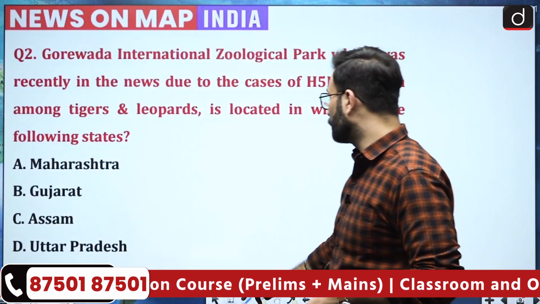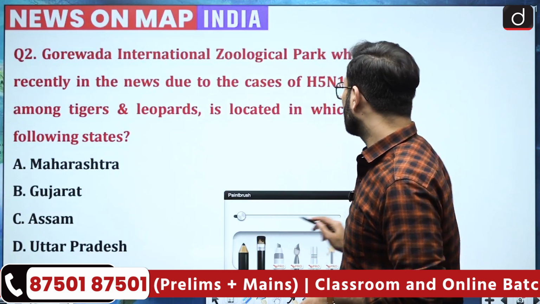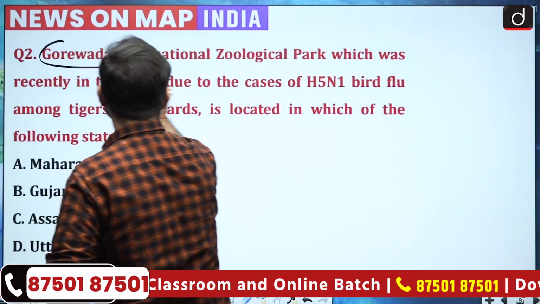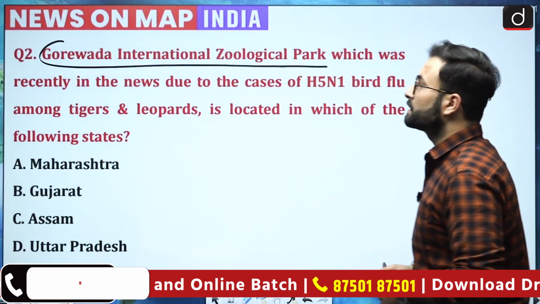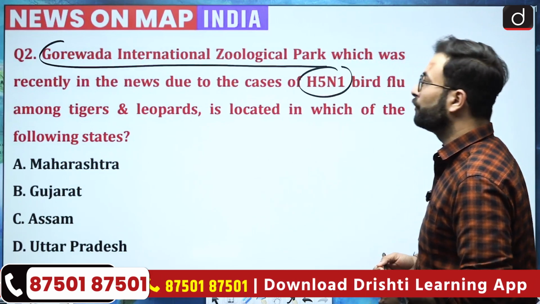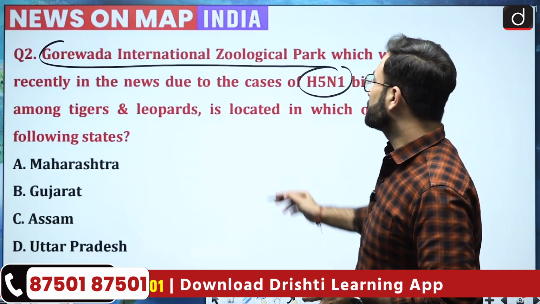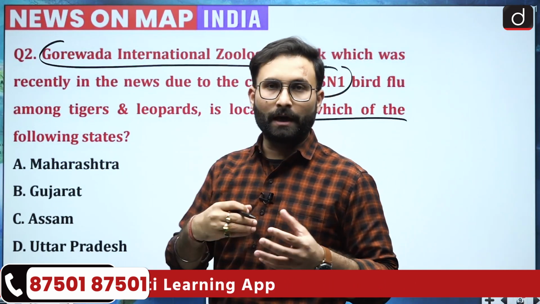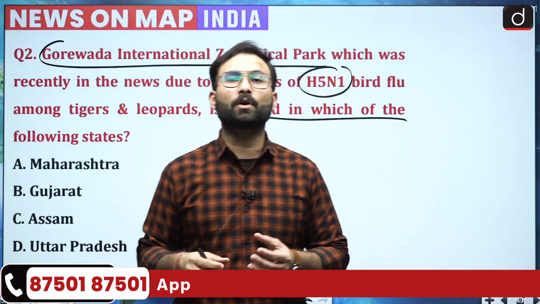Now coming to question number 2, here they are talking about a particular zoological park, the Gorewada International Zoological Park, which was recently in the news due to the case of H5N1 bird flu among tigers and leopards. It is located in which of the following states? This is the first time animals in captivity have died because of bird flu.